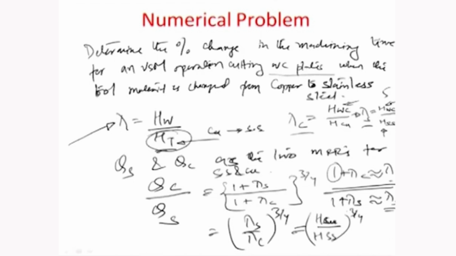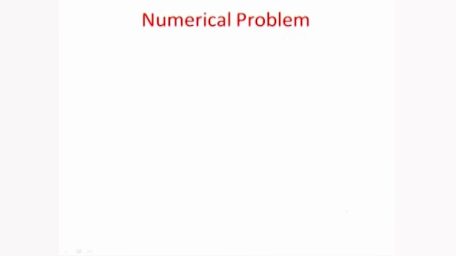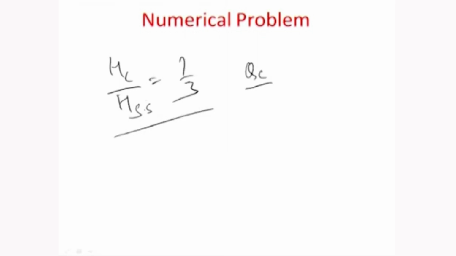So we already know that the hardness of tungsten carbide to that of steel is about 1/3, and therefore QC by QS becomes equal to 1/3 to the power of 3 by 4, and this is about 0.44.